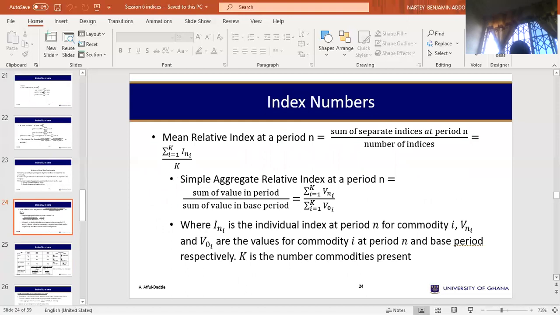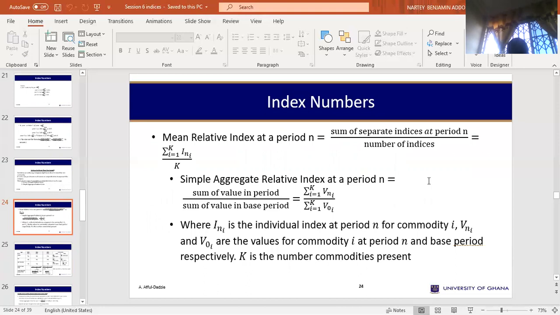The mean relative index at period n is the sum of separate indices at period n over the number of indices. So you just sum up all the separate indices for the period, and then divide by the number of indices. That gives you the mean.